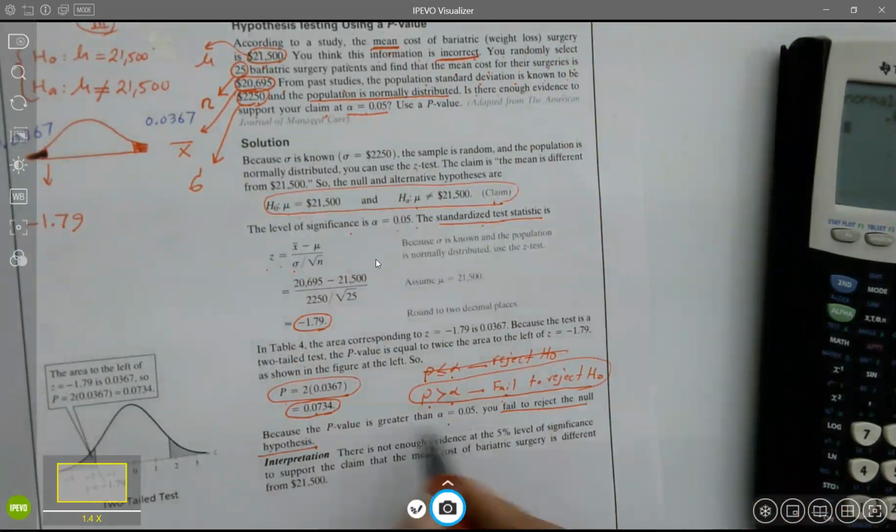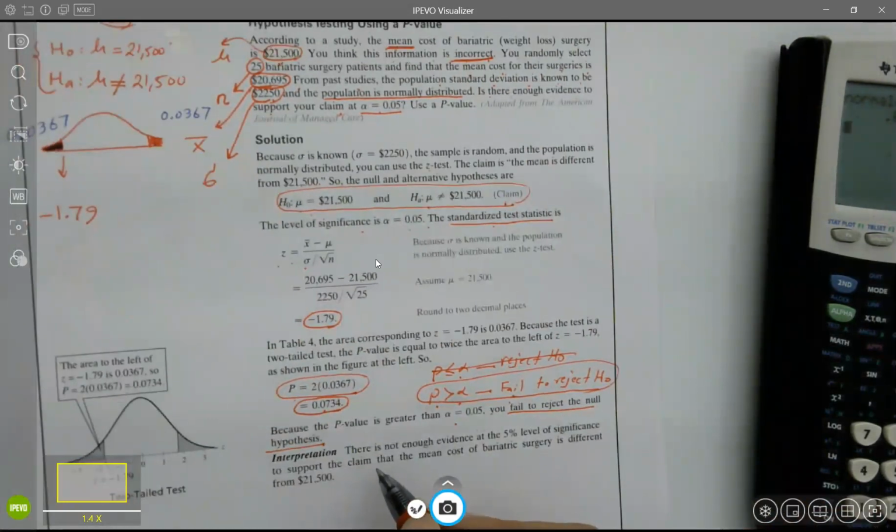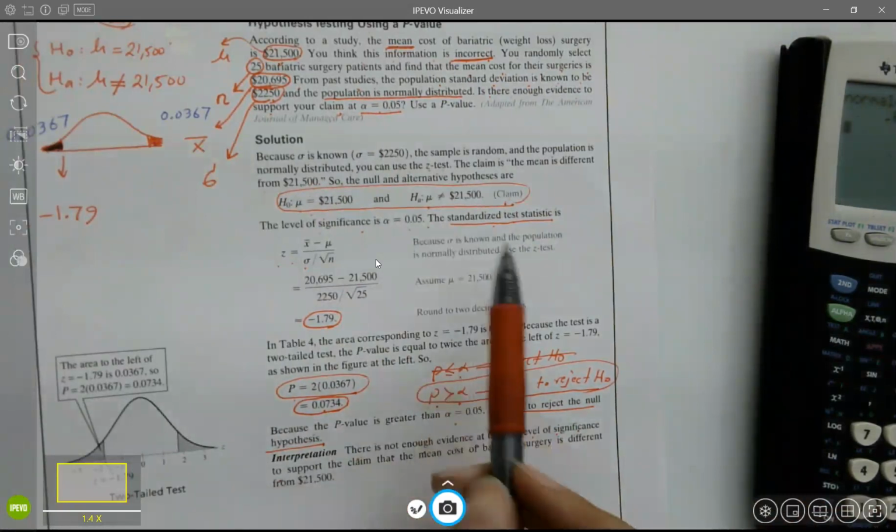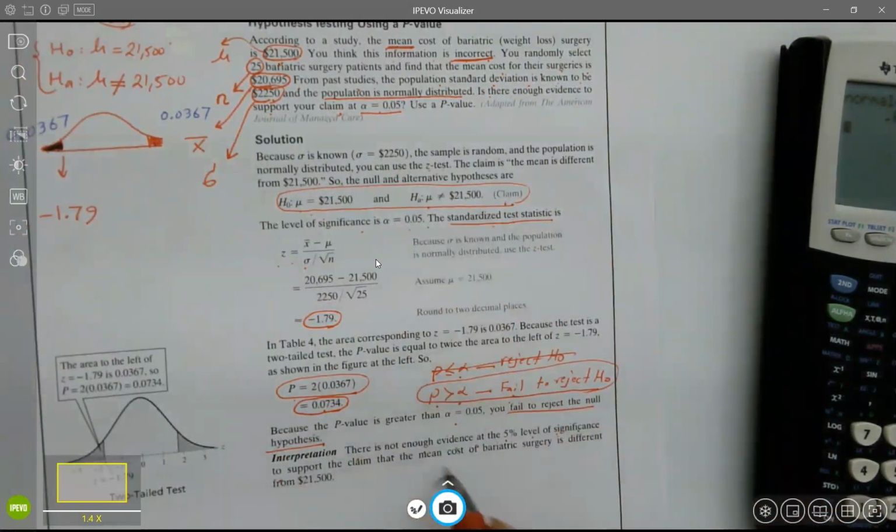What's the meaning of that? You say there is not enough evidence at the 5% level of significance to support the claim that the mean cost of bariatric surgery is different from $21,500.